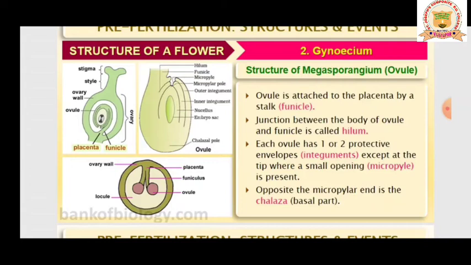Each ovule is protected by layers, which are termed integuments. Opposite to the micropyle end is the chalaza, or chalazal end, the basal part of the ovule. I hope you understand what the ovule and hilum are. You are supposed to remember the micropyle region and the chalazal region, because during fertilization all these parts take part, and you should remember what happens in which part.